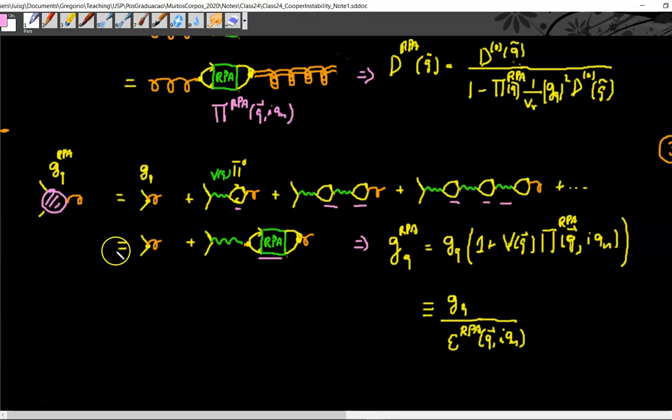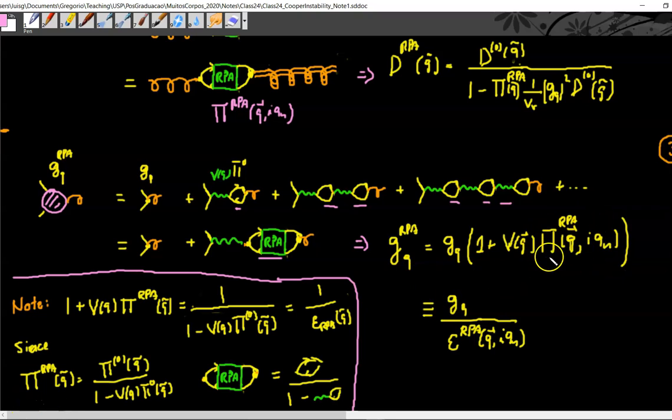It's essentially this diagram is GQ plus GQ here times an interaction line times pi RPA, which I'm defining the inverse of this as epsilon RPA of Q, and this is nothing more than the dielectric function in the RPA approximation.